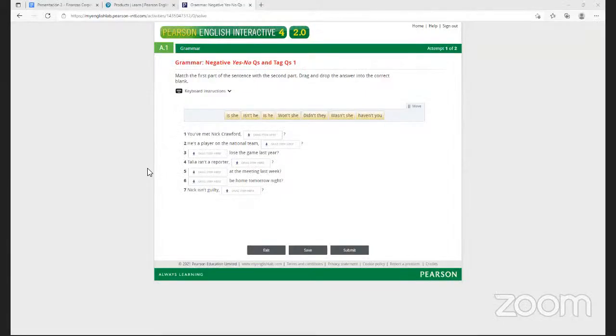You can look for it in the assignments or maybe in the course. We have to go to the tag questions 1. Let me share my screen. Can you see it? It's loading. Yes, I can see it. Perfect.